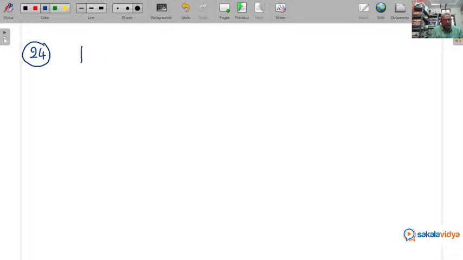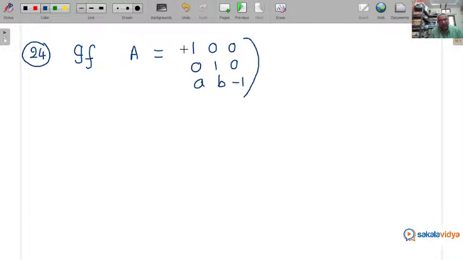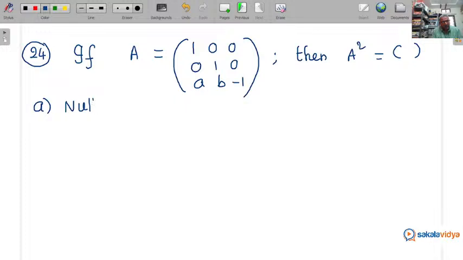If A is equal to 1 0 0, 0 1 0, AB minus 1, then A square equals to option A null matrix.